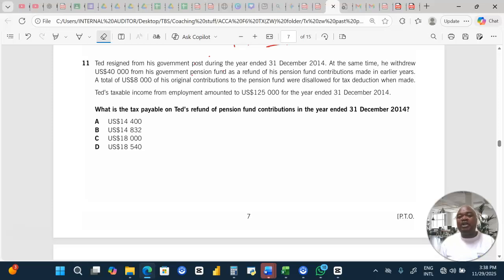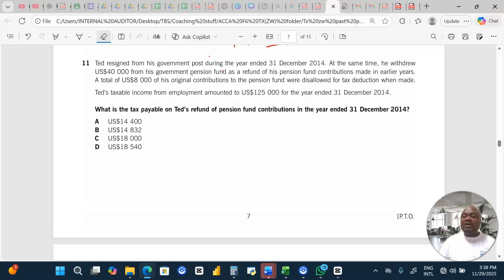At the same time, he withdrew 40,000 USD from his government pension fund as a refund of his pension contributions made in earlier years. A total of 8,000 USD of his original contribution to the pension fund were disallowed for tax deduction when made. So when he made the contributions, 8,000 was not allowed.